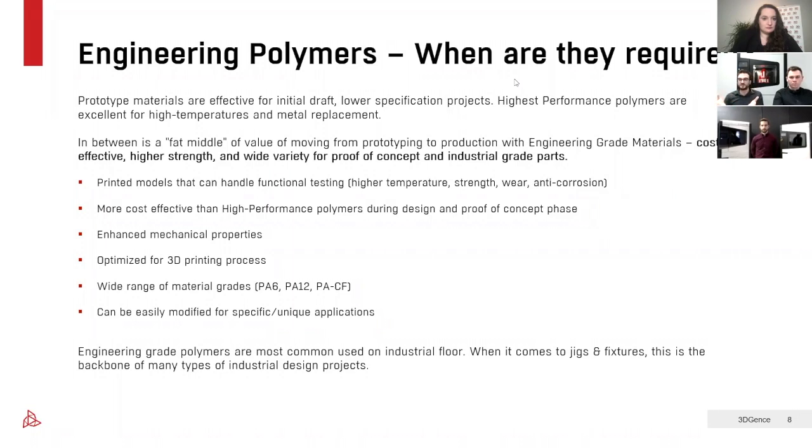Models printed with engineering grade materials, depending on the material we have opted to use, are capable of being functional prototypes, because they might have, like polyamide, a very good wear resistance, and it would make for a very good functional prototype of a mechanical device, for instance. They have enhanced mechanical properties, in that those materials in general perform better on mechanical tests than commodity plastics or prototype polymers like PLA.